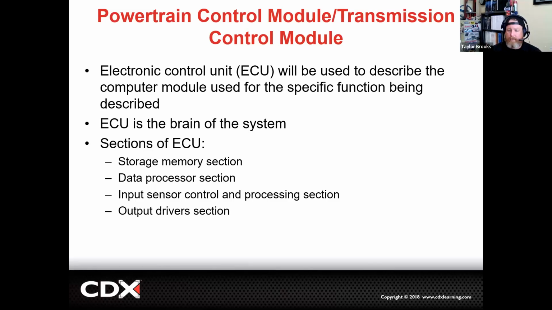We also have the ability for it to have an algorithm in it to where we can figure out what the best operating characteristics are going to be. So there's going to be set parameters that the vehicle will be in. And if we fall outside of those set parameters, the computer can correct or set a diagnostic trouble code. It also has the ability to store memory. There's short-term and long-term memory.